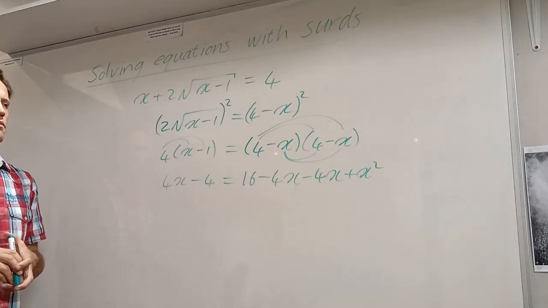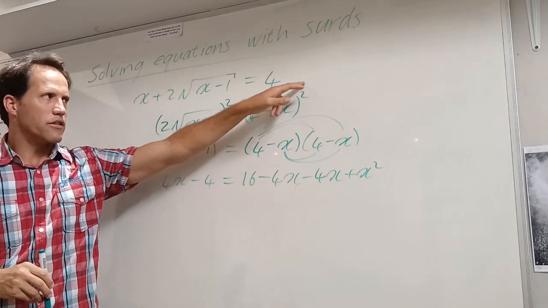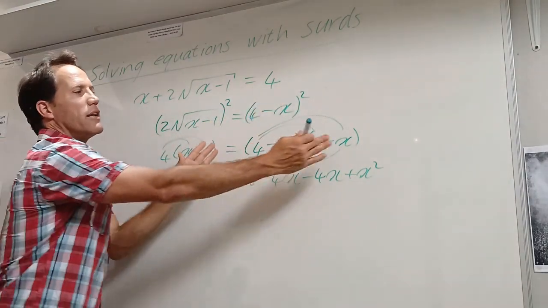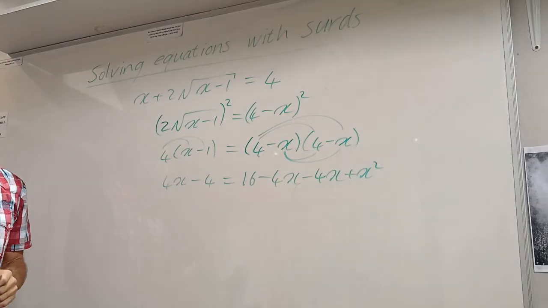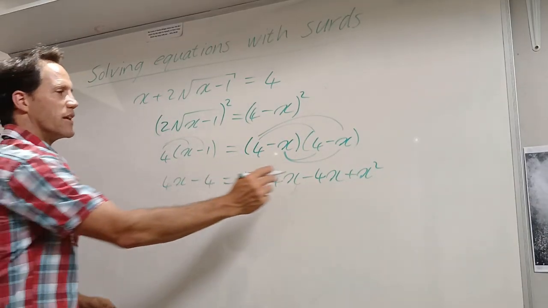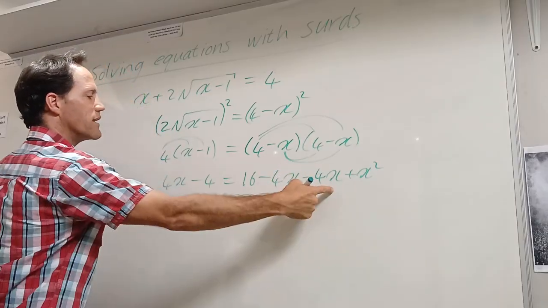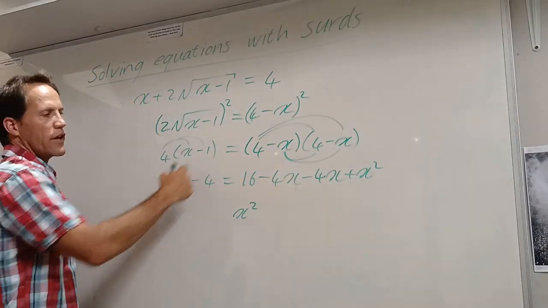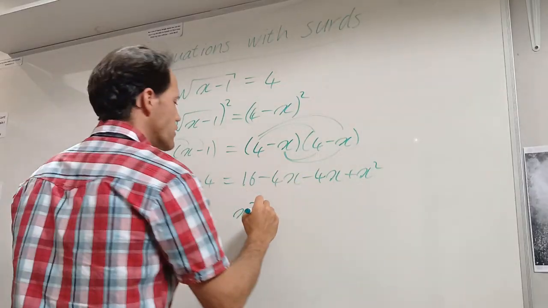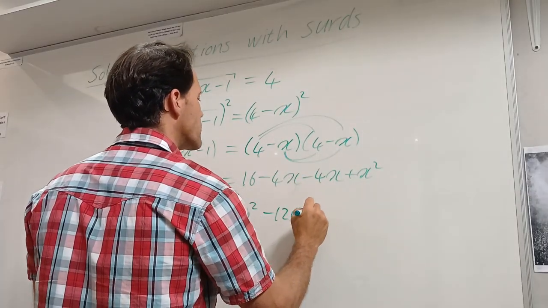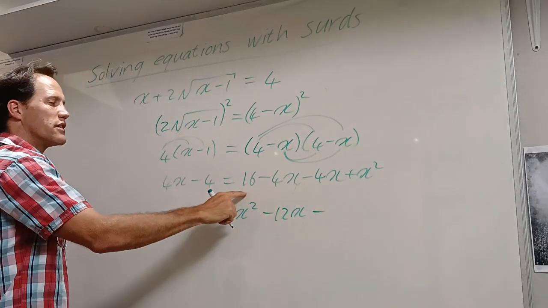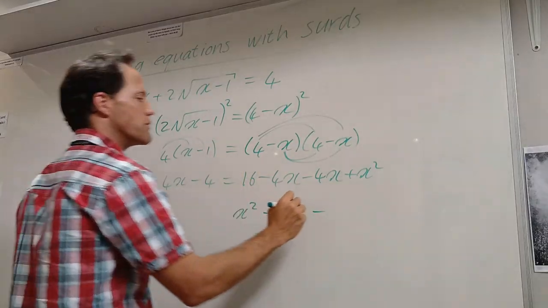Okay, so make sure about that, don't multiply the square in. Okay, expand it, multiply it out. Okay, then we can say x squared, and minus 4 is minus 8, and if you take the 4 over, it's also minus 4, so it's going to be minus 12x, and then we're going to have 16 plus 4 is plus 20.